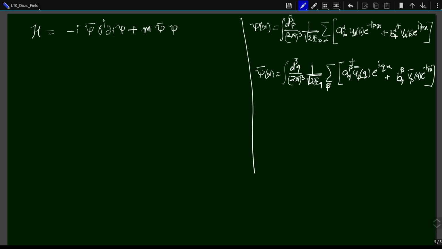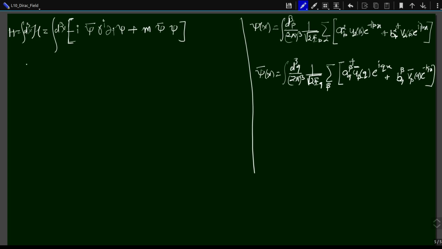This is the expression. So first thing first, we compute this term. Sorry, this is the Hamiltonian density. So my total H is the integral d3x of this, this guy is my total Hamiltonian.